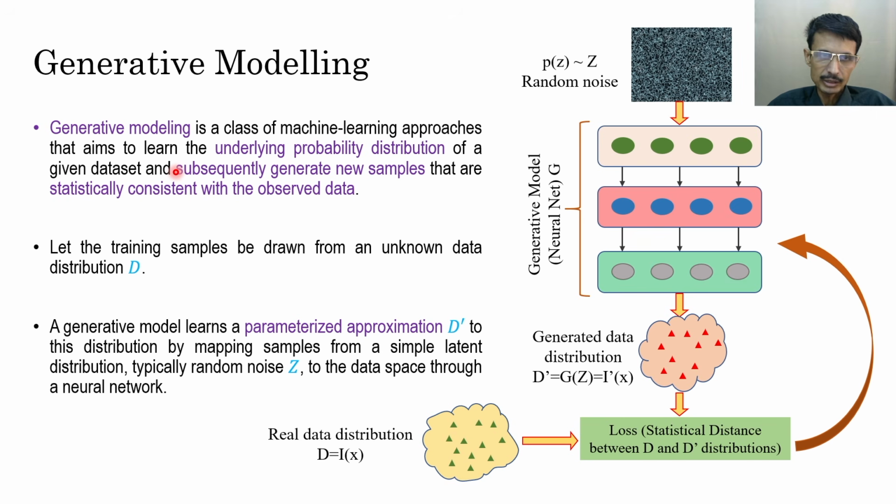What is the example? If there is a cat image and we want to know whether a given image is cat or non-cat, then we try to understand what factors or what attributes discriminate between the cat class and the non-cat class.